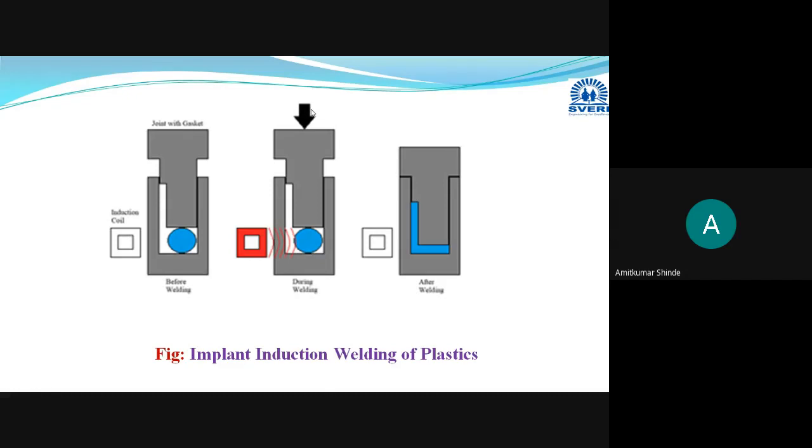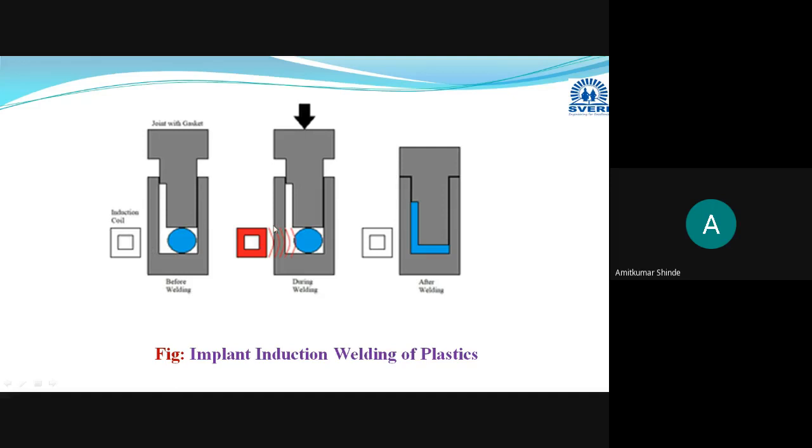There is one gasket we are joining here. With the help of it, this joint will be created. You can see here, this is the joint after welding. This is before welding. With the help of the inductor coil, heat is generated by passing alternating current through it, due to the eddy currents or the skin effect.